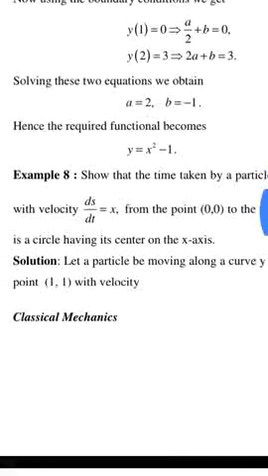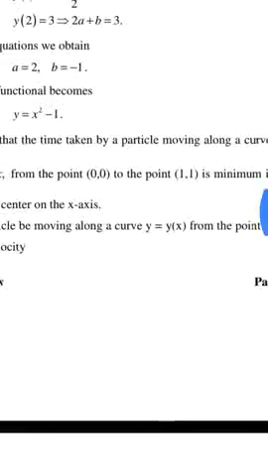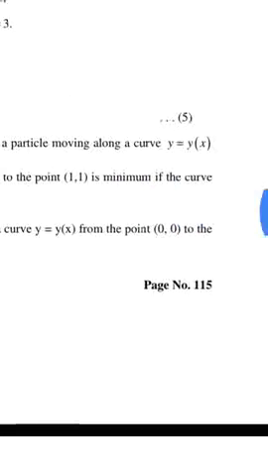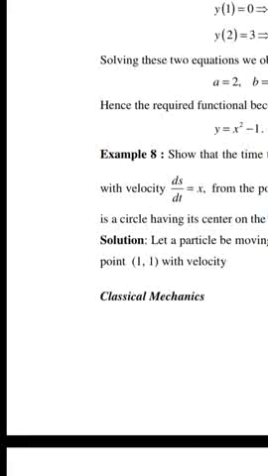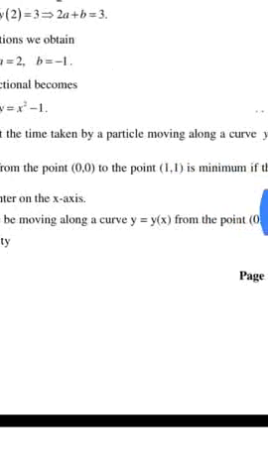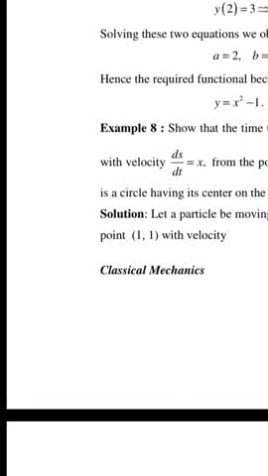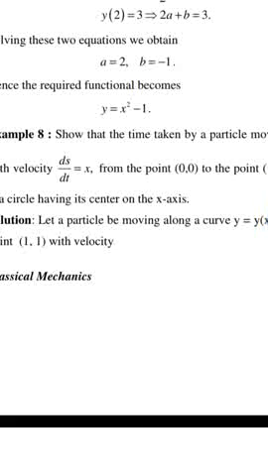Next example: show that the time taken by a particle moving along a curve y is equal to y of x with velocity ds by dt is equal to x, from the point 0, 0 to the point 1, 1, is minimum if the curve is a circle having its center on the x-axis.